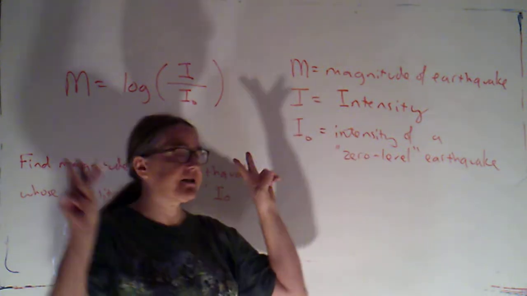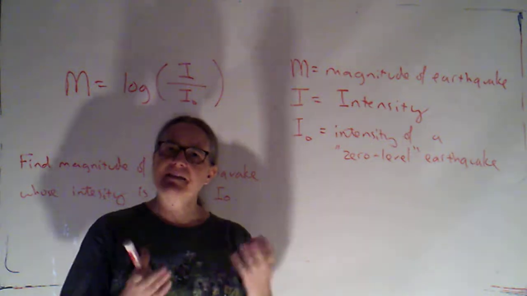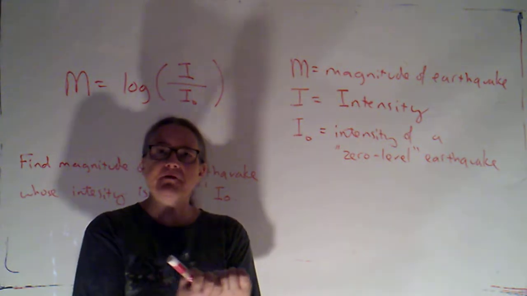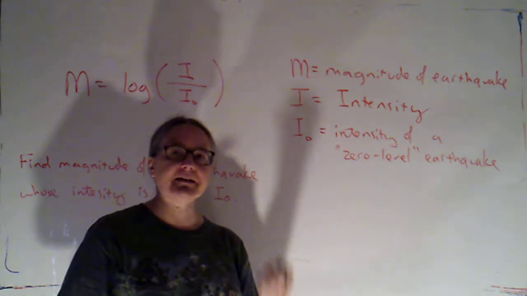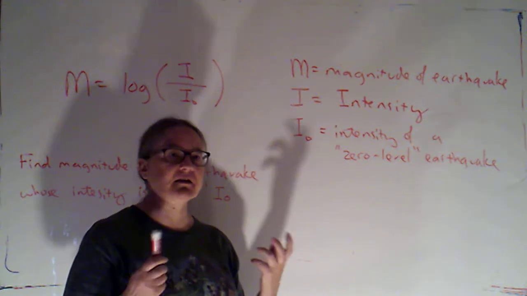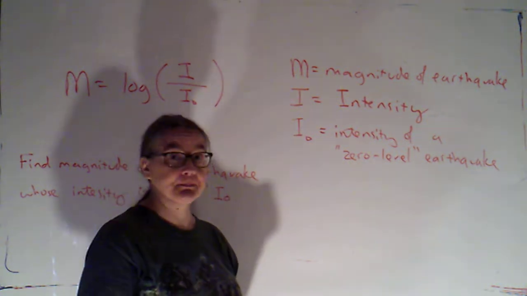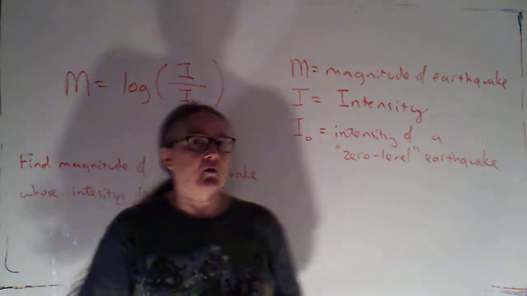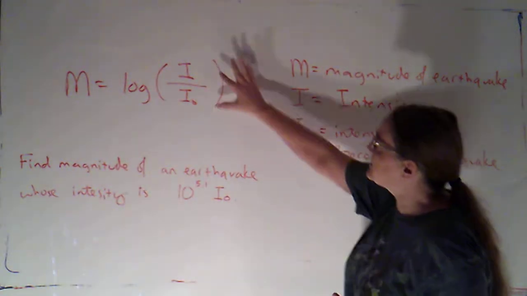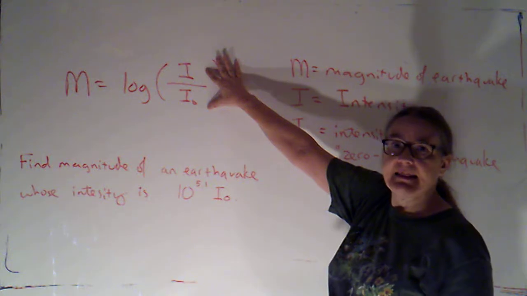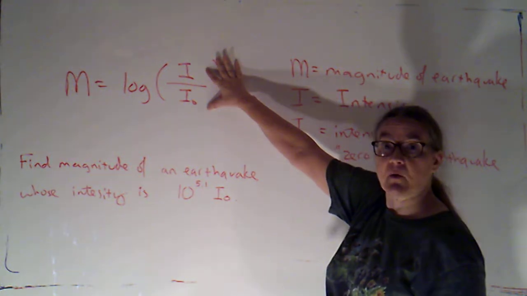That's the intensity of a zero-level earthquake. That's our reference point, our point of comparison. That's basically the least intense earthquake that our technology can still actually detect, okay? So we're always comparing the intensities by looking at this ratio.